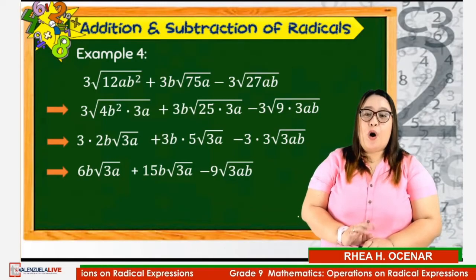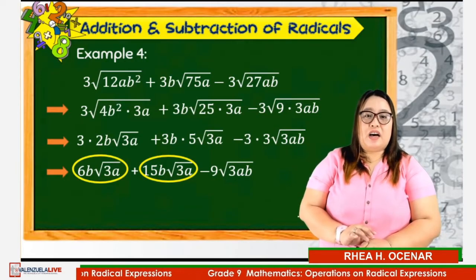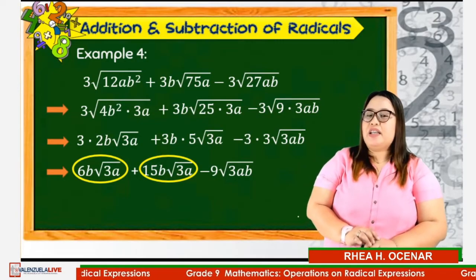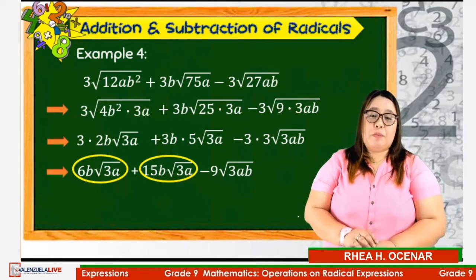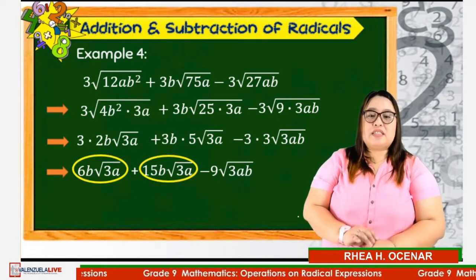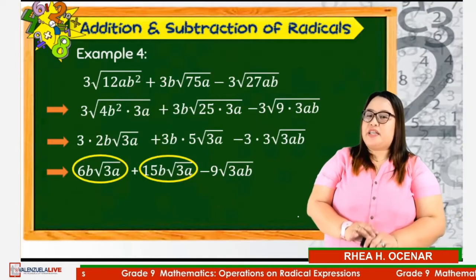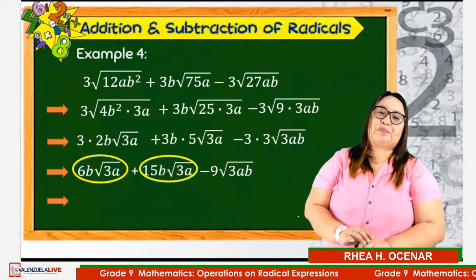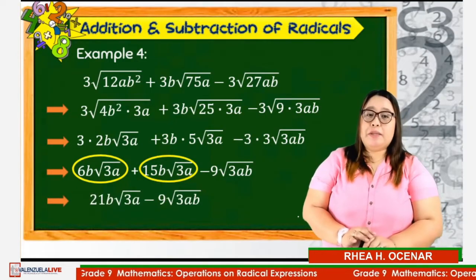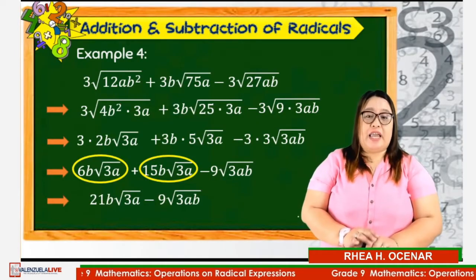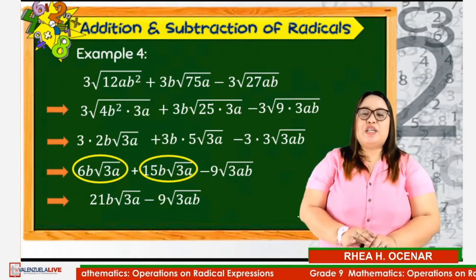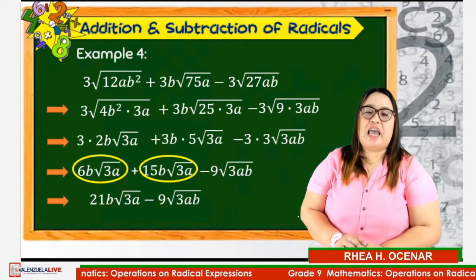Very good. Only 2 radicals are like radicals. So, we will combine both radicals and copy the remaining radical. We have 21b square root of 3a minus 9 square root of 3ab.